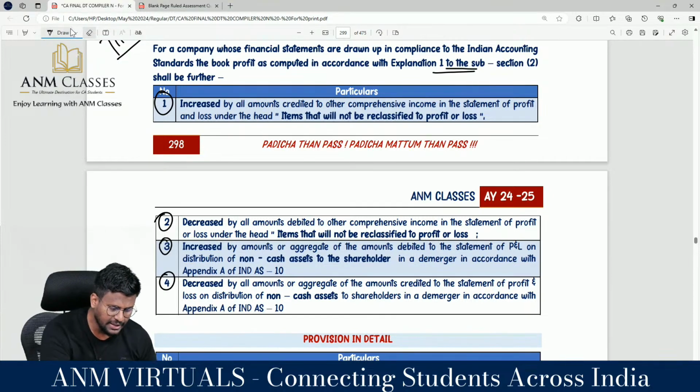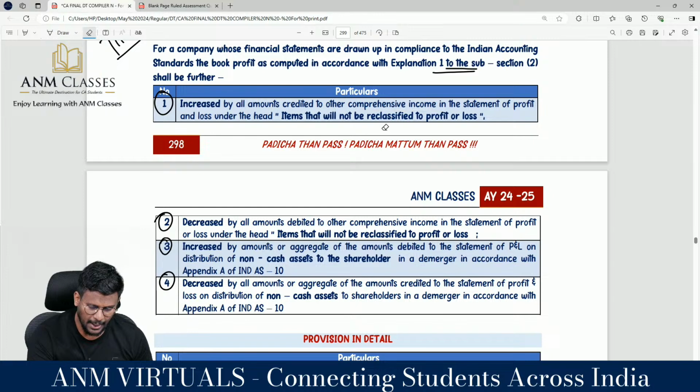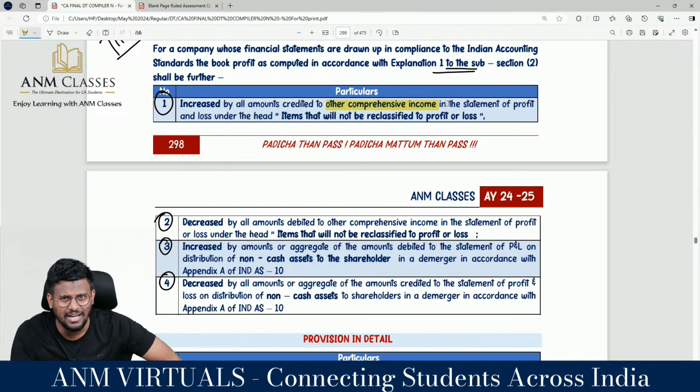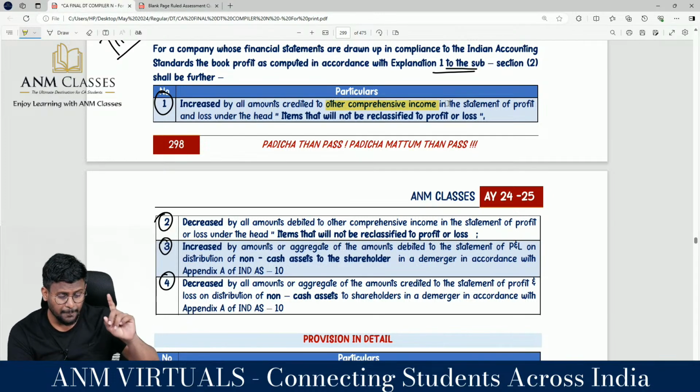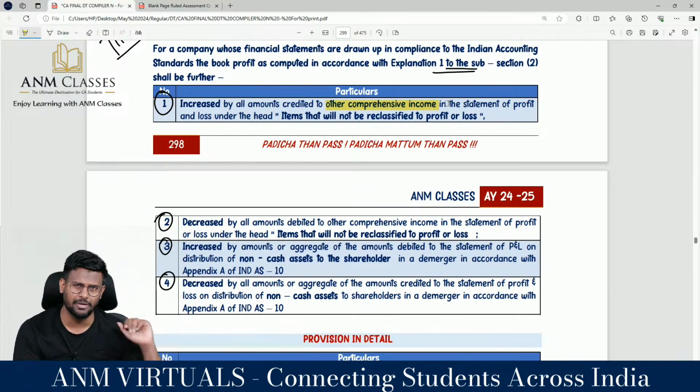Number 1, increased by all amounts credited to OCI, that is other comprehensive income. So if anything is credited in the OCI account, it's a new term, that has to be added back, because you would have debited the P&L account and credited the OCI account.